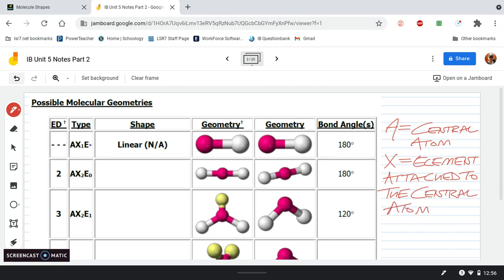Okay, so you got your A. Everything's going to have an A, central atom. You can have multiple X's, right? So you could have multiple things attached to the middle.